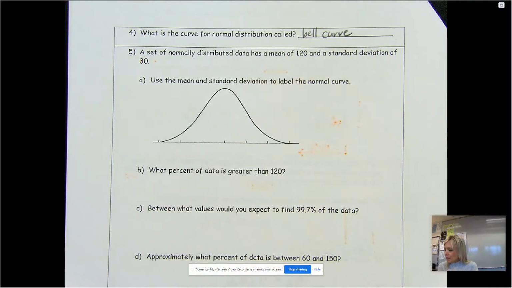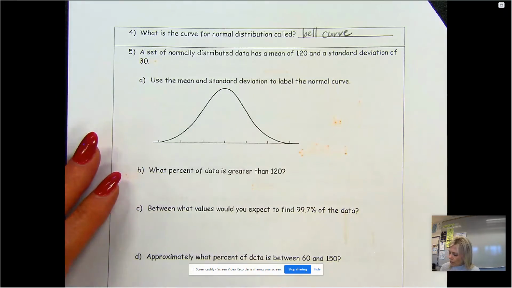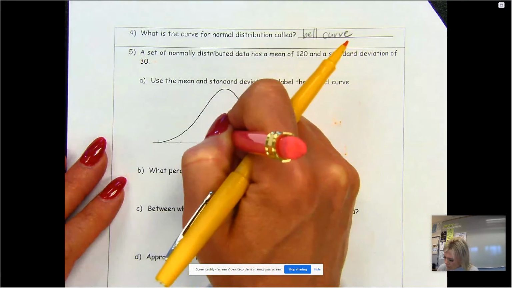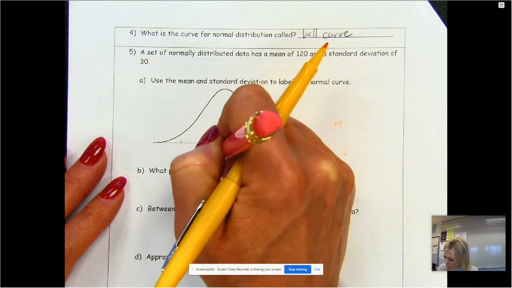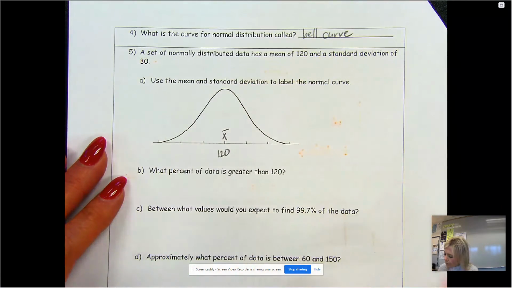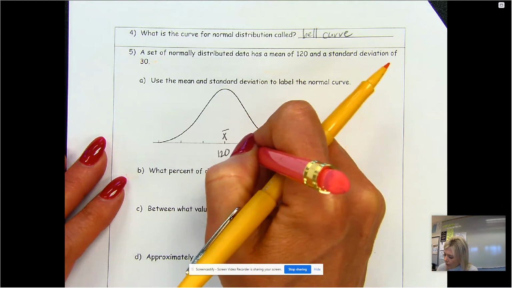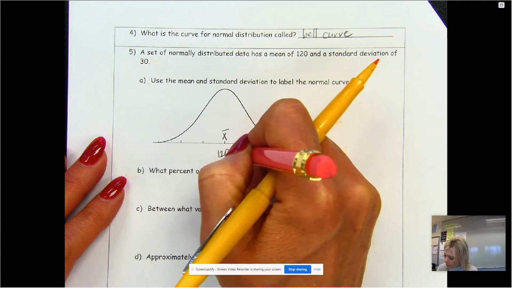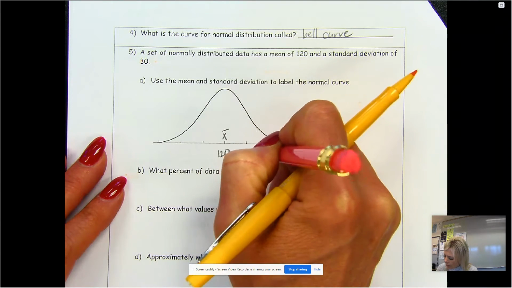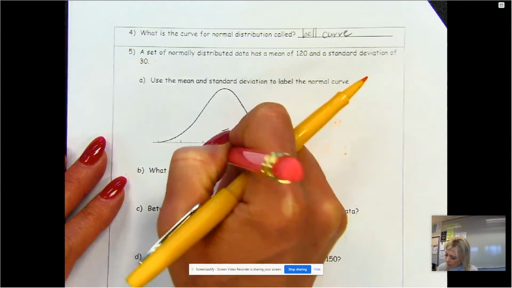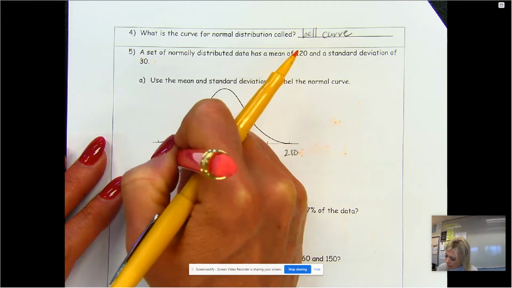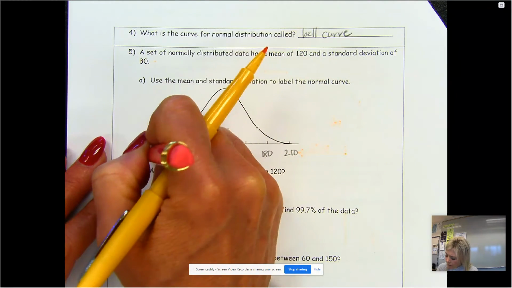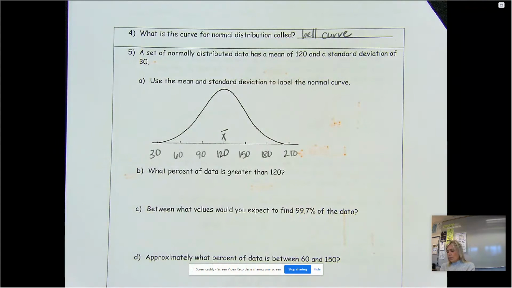Number 5, a set of normally distributed data has a mean of 120 and a standard deviation of 30. So we're going to label the curve. Here's our mean of 120. Standard deviation is 30. So add 30, you get 150, 180, 210. Take away 30, you get 90, 60, and 30. What percent of data is greater than 120?